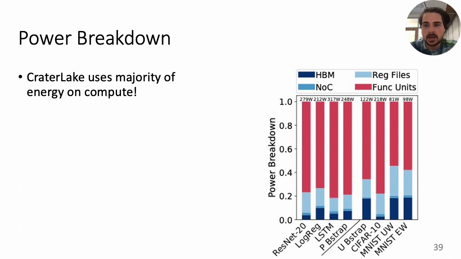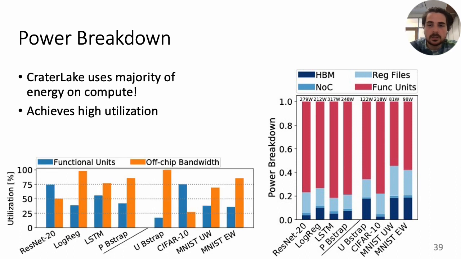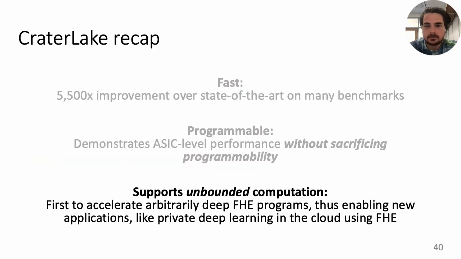This indicates that FHE is a great target for hardware specialization, and that outperforming Crater Lake without fundamental cryptographic and algorithmic advances would be hard. Crater Lake also achieves high utilization across benchmarks. In summary, by identifying a novel way to lay out compute and data, Crater Lake is able to scale the large ciphertext necessary to support all FHE programs, regardless of their depth.